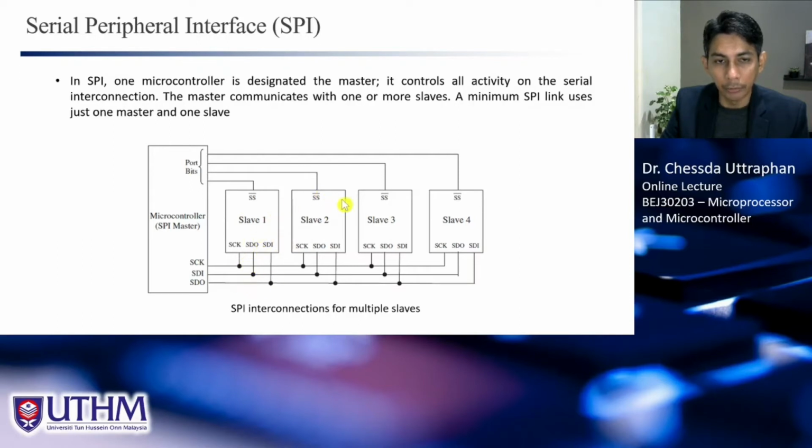If you activate more than one, the data will no longer be valid, as they will interfere with each other. So we have another line to activate the slave whenever we want to communicate with the master. This is how we connect or use the SPI protocol.